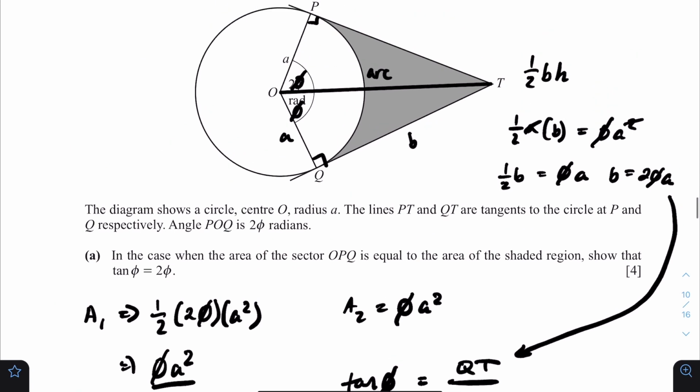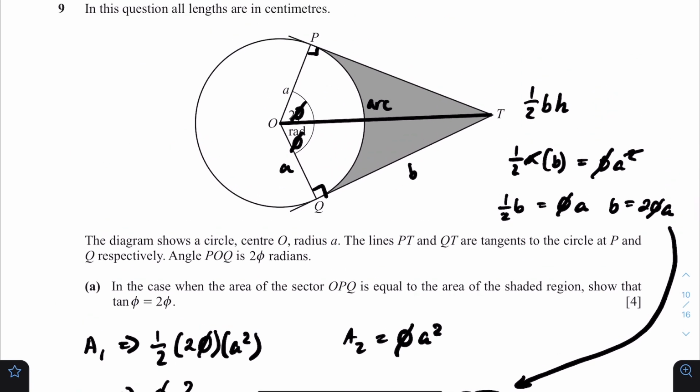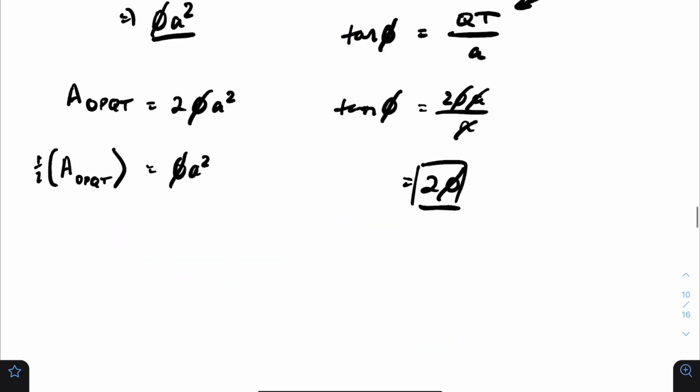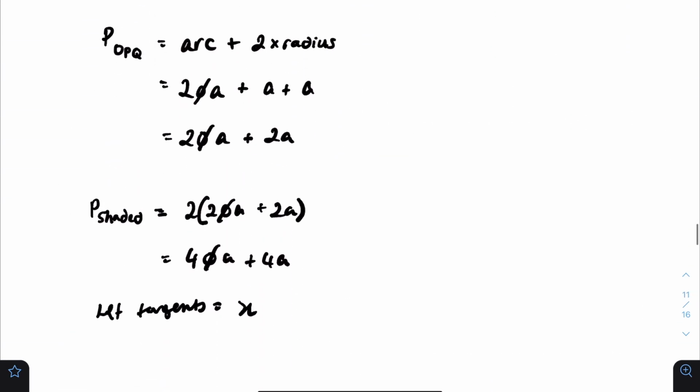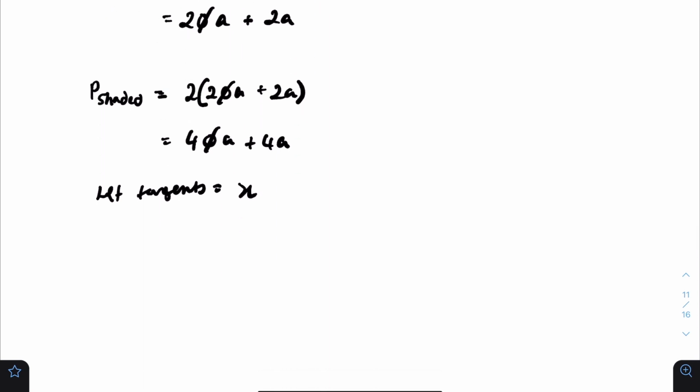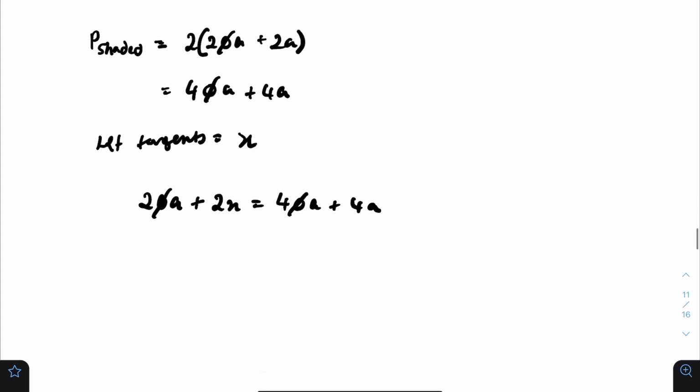The perimeter of the shaded region is 2 times the tangent plus the arc, and the arc is 2 phi A. So 2 phi A plus 2x is equal to 4 phi A plus 4A. So 2 phi A plus 4A is equal to 2x. Therefore, dividing by 2 on both sides, x is equal to phi A plus 2A.